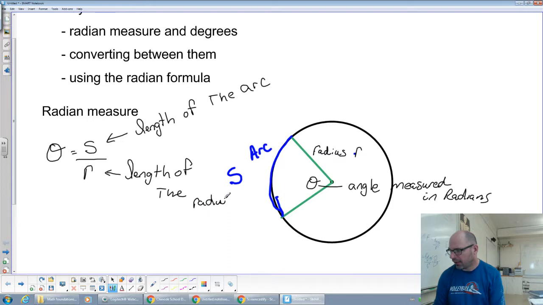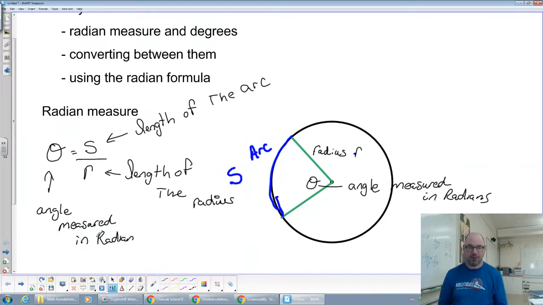And here we'll have our angle measurement in radians, not degrees, pardon me. The symbol sometimes is just called rads. So that's how that formula works.